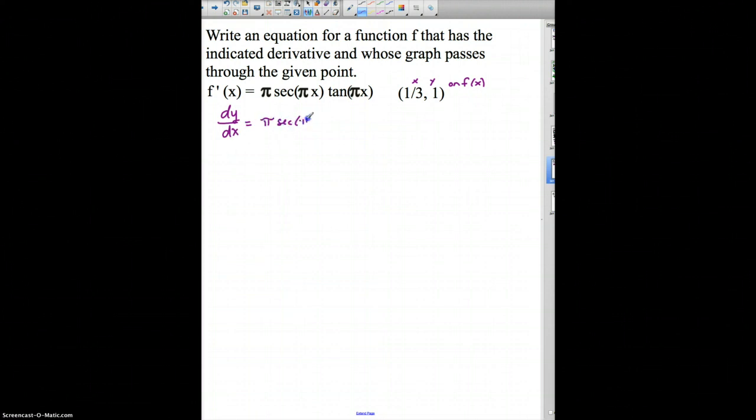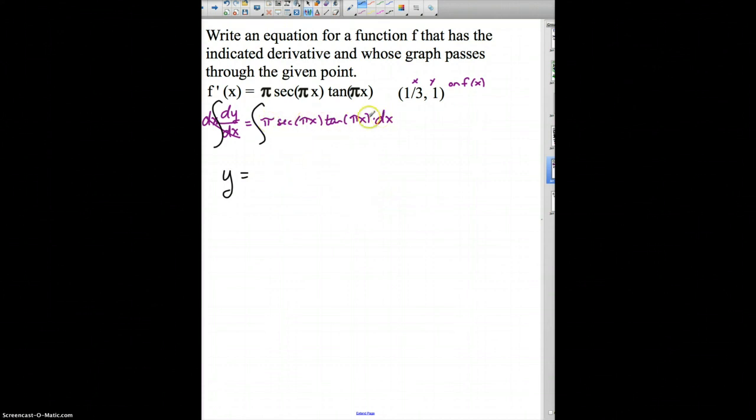If we want to get to the original function, we're going to have to do the antiderivative. So multiply both sides by dx to separate your variables, and then we can integrate both sides. So we've got the integral of each side. The integral of dy is y plus c, but we'll combine our c's at the end.